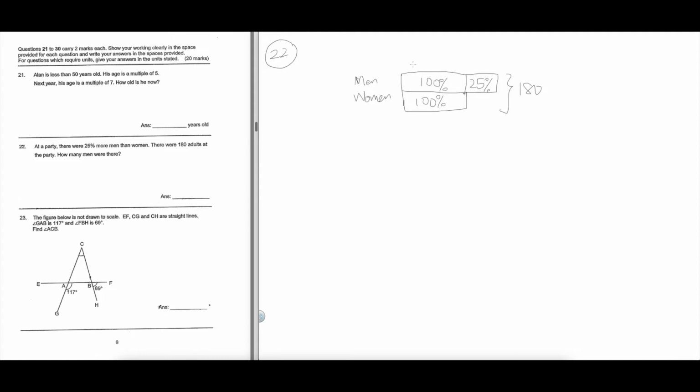Okay, how many men were there? Question mark. So my total percentage in the models is 225. Okay, so total is 225%. So 225% is also equals to 180 adults.